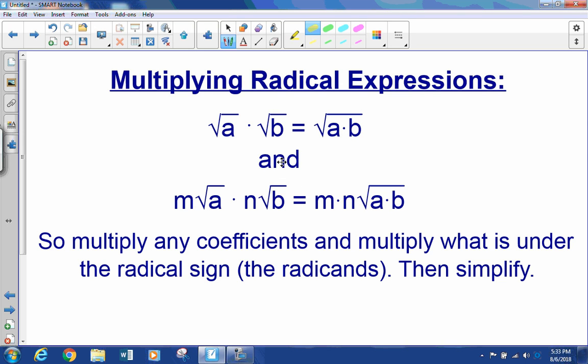Similarly, if you have two radical expressions that each have coefficients in the front, you multiply what's under the radical sign, which we call the radicands, and put it under one radical symbol, and you also multiply the individual coefficients to get a new coefficient. After multiplying the two individual radical expressions, you always want to remember to simplify.